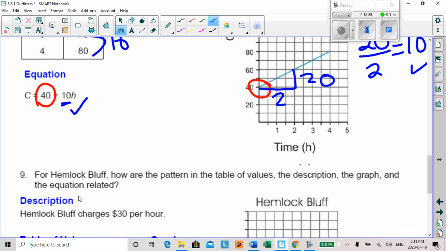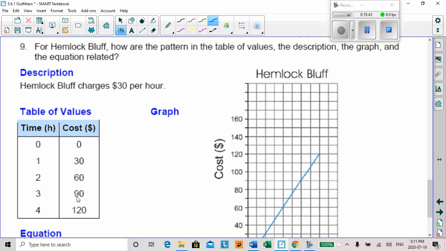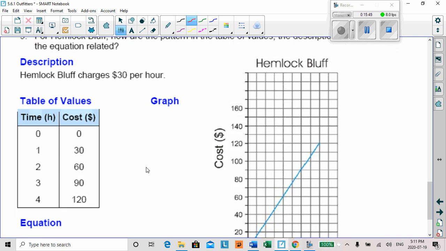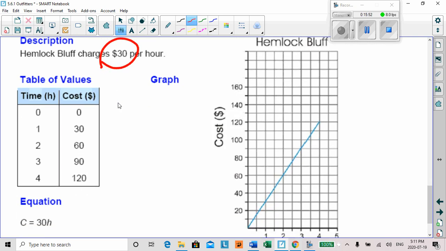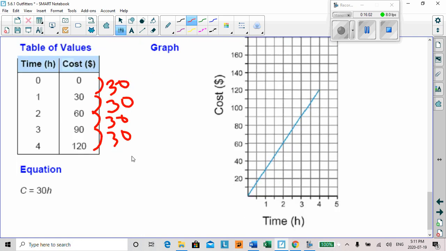Now we'll look at Hemlock Bluff and see how they are all related. So first, it's $30 per hour. So you can see here, it's 30 per hour. This is going up by 30 each time. And all we have in the equation is the 30 per hour.